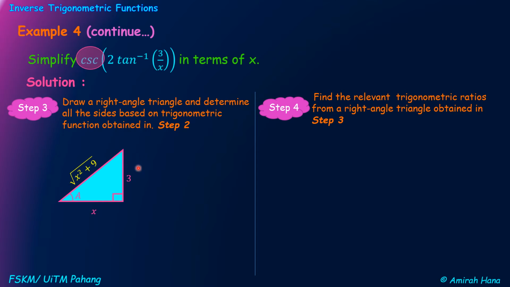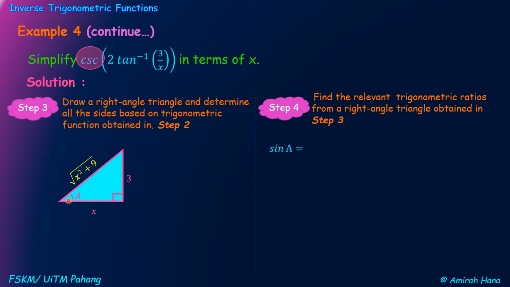Actually, from this triangle we can find all 6 trigo ratios, but to save time, we find only the relevant ones. Cosec A relates to sine and cos, so we just find sine and cos only.